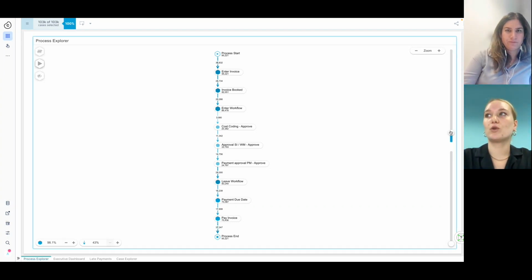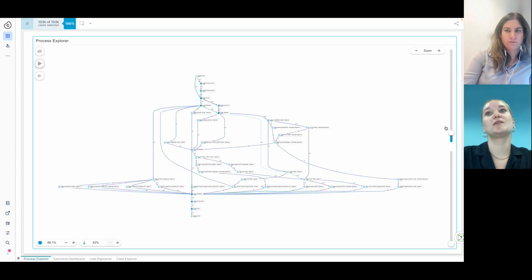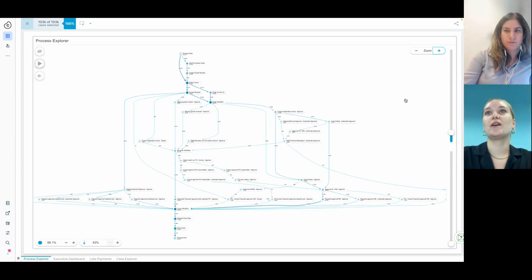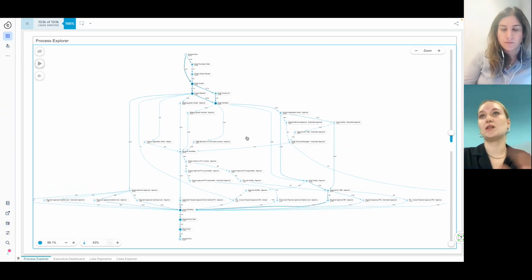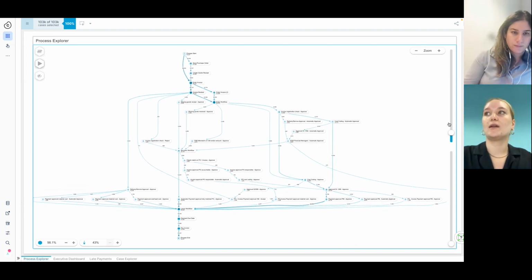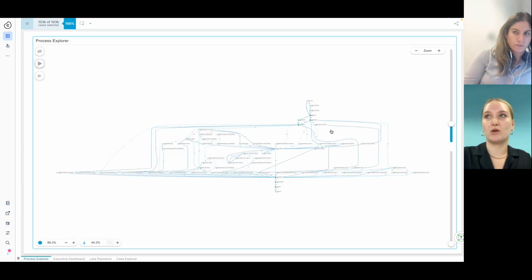But if we add more activities, we can see that it quickly becomes more complex, and there are a lot of deviations. Your process never follows one single flow. A lot of different activities happen, different sequences of activities as well, and this can quickly become very overwhelming.